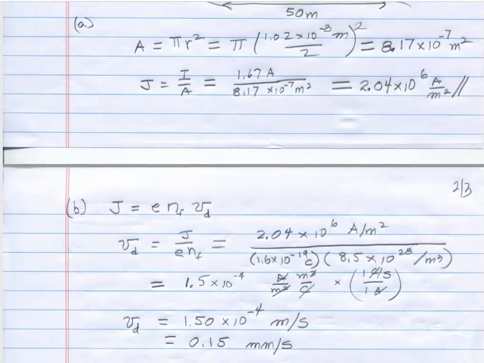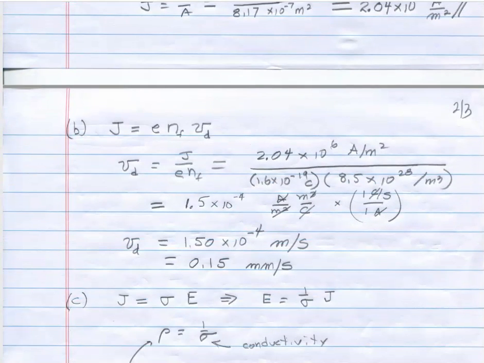Now in part B, we're asked to find the drift velocity.